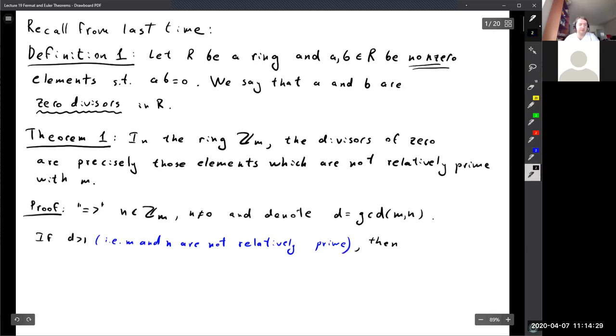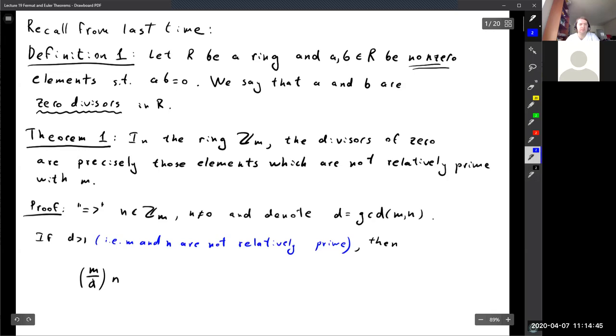then what do we have? Let's look at m divided by d, multiplied by n. Because d is a divisor of m, m divided by d is an integer.